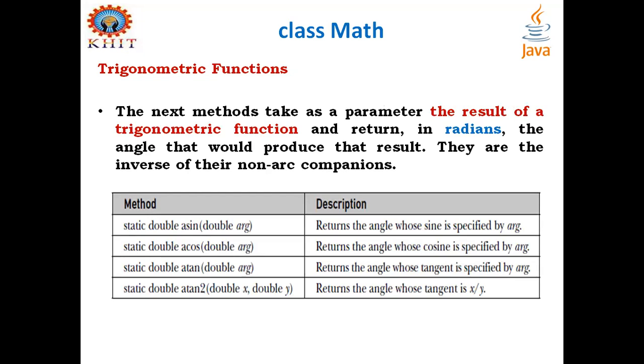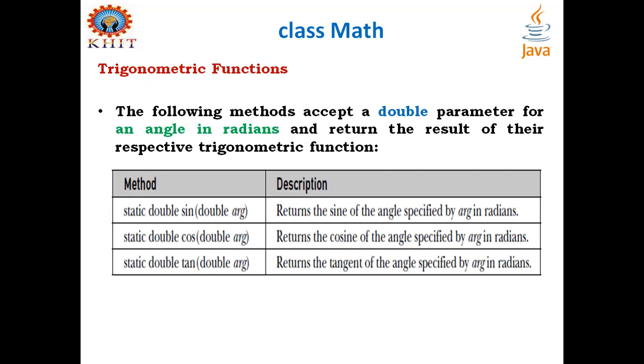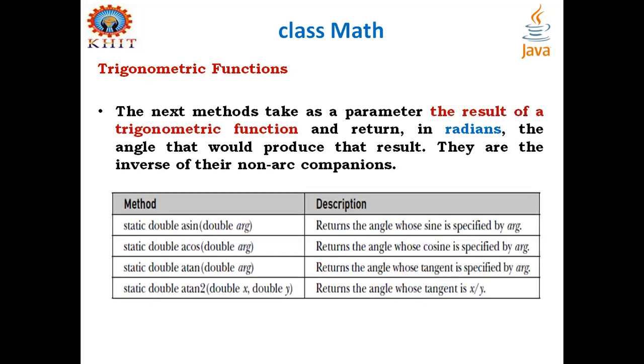Coming to some other methods from the trigonometric point of view: the previous ones took an input parameter as an angle in radians, but this set of functions takes the result of a trigonometric function and returns the angle in radians, that is, the angle that would produce that result.